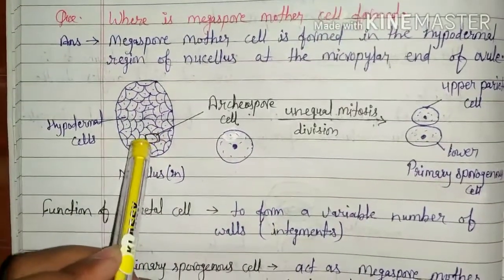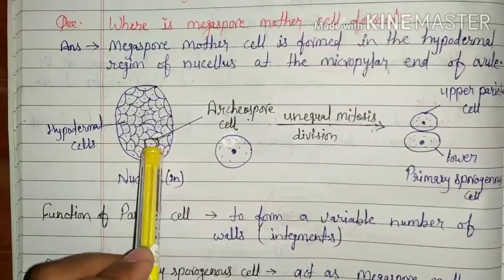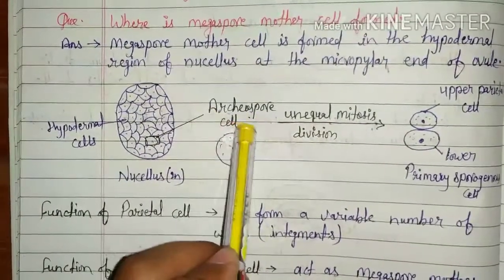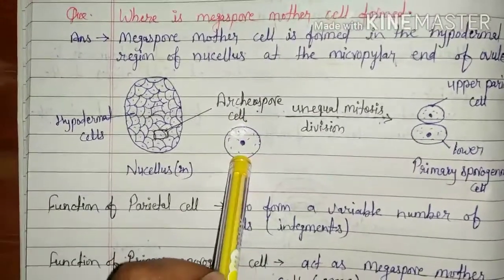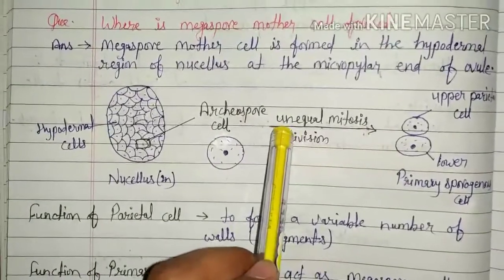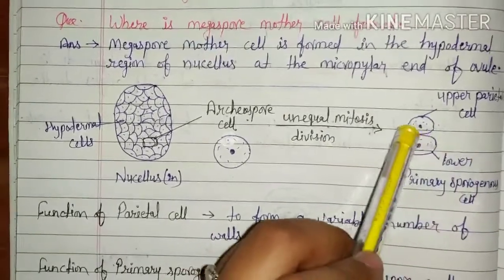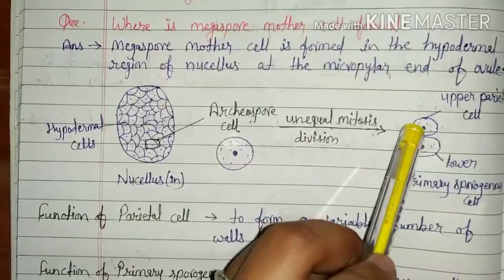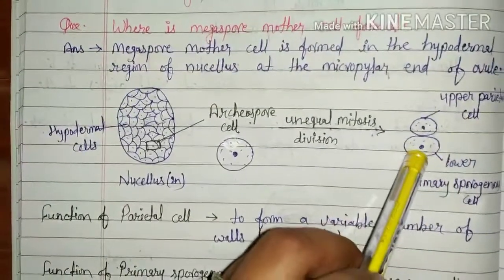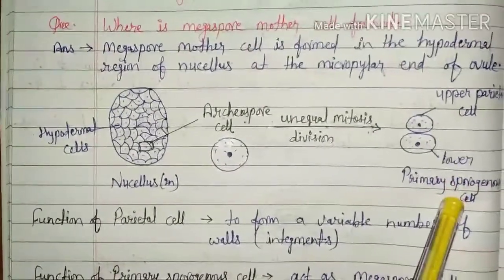One hypodermal cell of the nucellus increases its cytoplasmic contents and is converted into an archesporial cell. This archesporial cell divides by unequal mitotic division and forms two cells, one outer or upper parietal cell and a second lower, inner primary sporogenous cell.